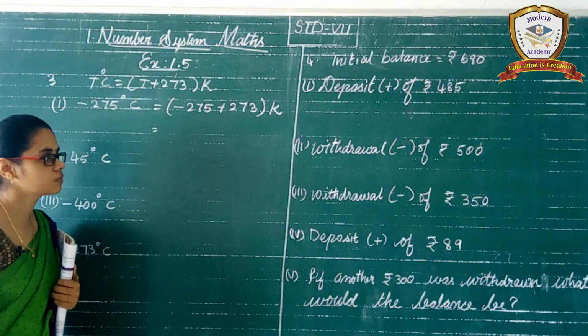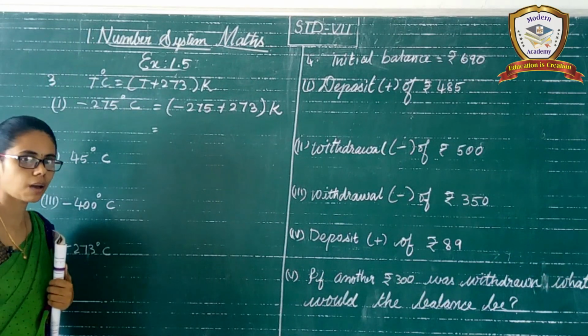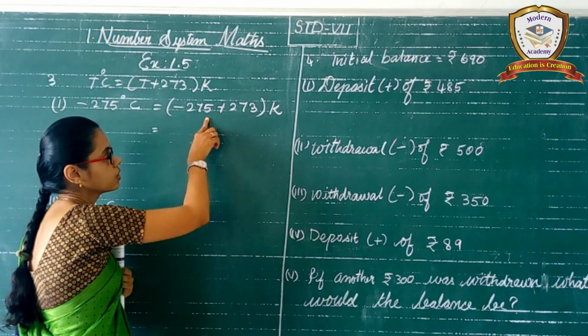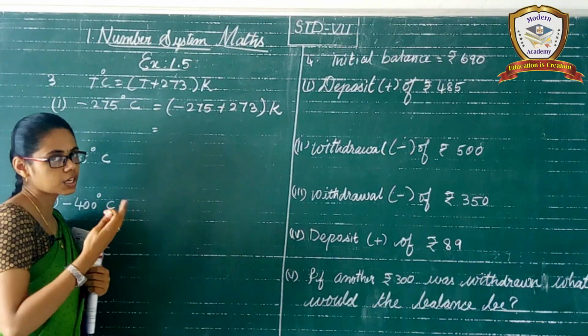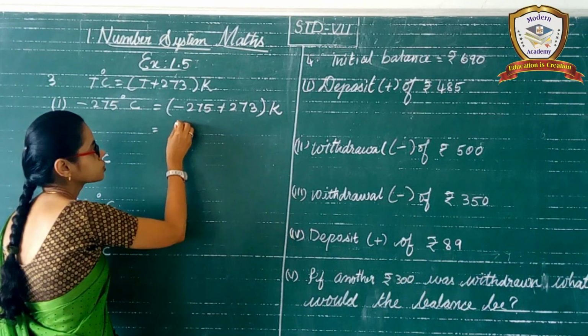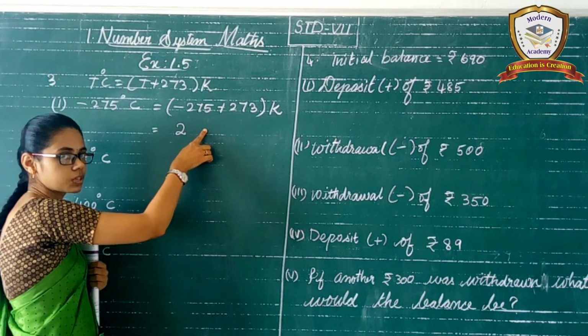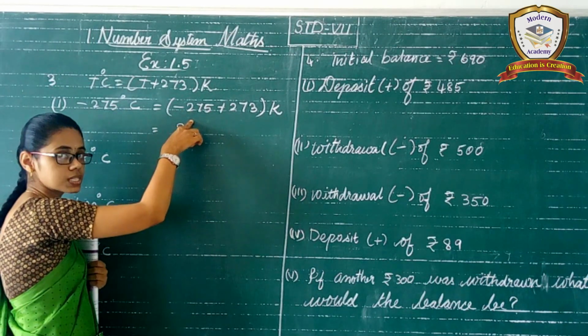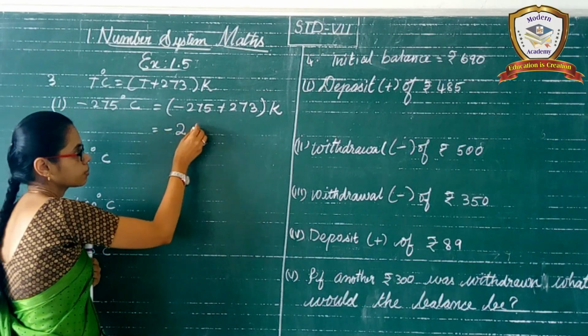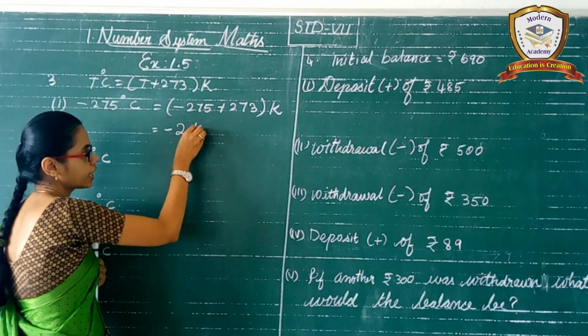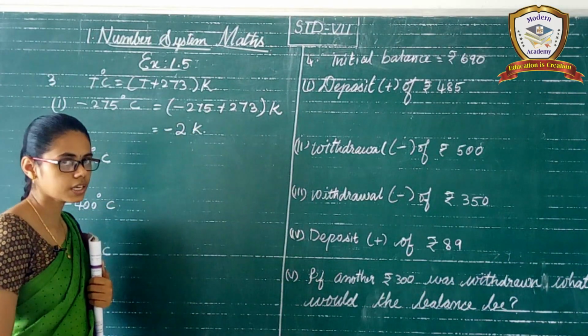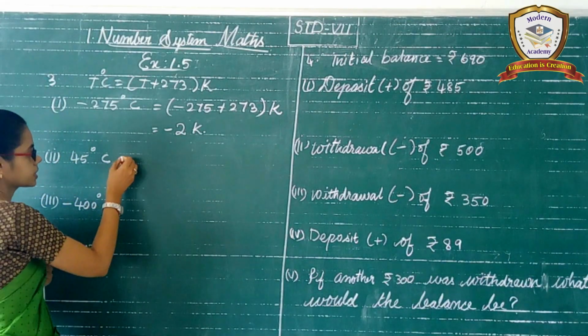Different sign means we need to subtract the number. So 275 minus 273. So directly you want to write the answer, which means 2. But which one is the biggest number? 275. The sign of 275 is minus. So you want to mention here minus 2 Kelvin. Clear? Okay.